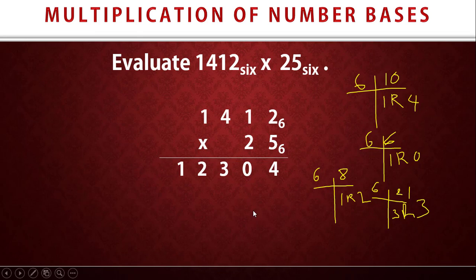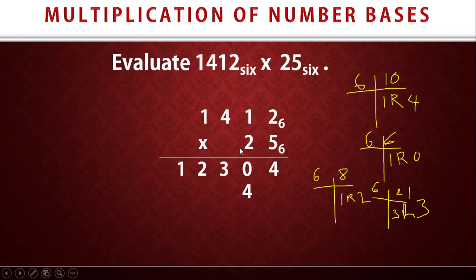So that means we start off below this 0. Now we have 2 multiplied by 2, that will give us 4. So our result 4 is less than this 6, so we can write our 4 directly under the 0. So don't write it under this 4, which is the last digit of that particular multiplication by the digit 5.